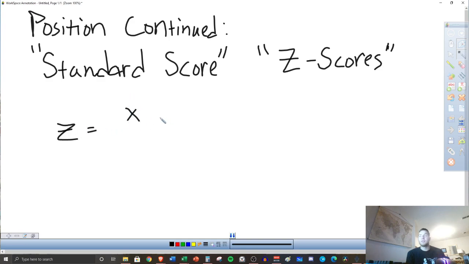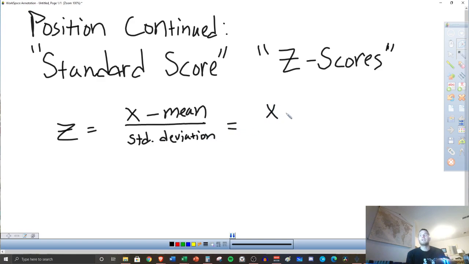X is the observation, that is maybe your height, which we're going to talk about in a second, minus the mean over the standard deviation. Okay, how this might be shown symbolically on say a formula sheet, X minus X bar over S of X, right? That's sort of how that looks.